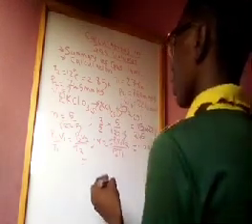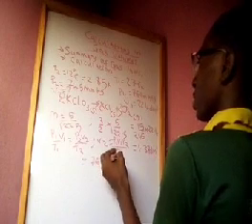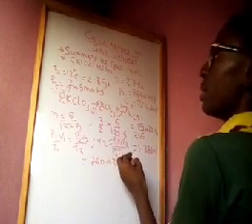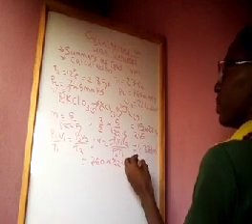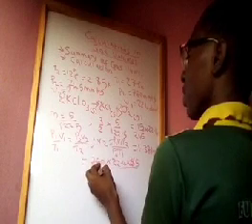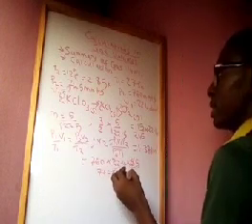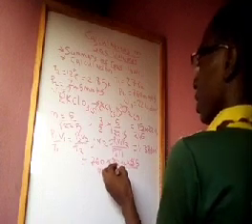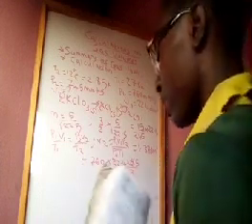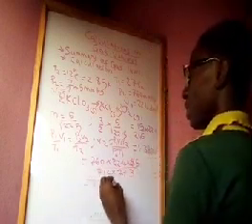V2 will be equal to P1, that's 760, times V1, 22.4, times T2, which is 285 Kelvin, divided by P2, which is 745 millimeter mercury, then T1, which is 273 Kelvin. If we solve this, we will get our volume as 1.46 dm cube.